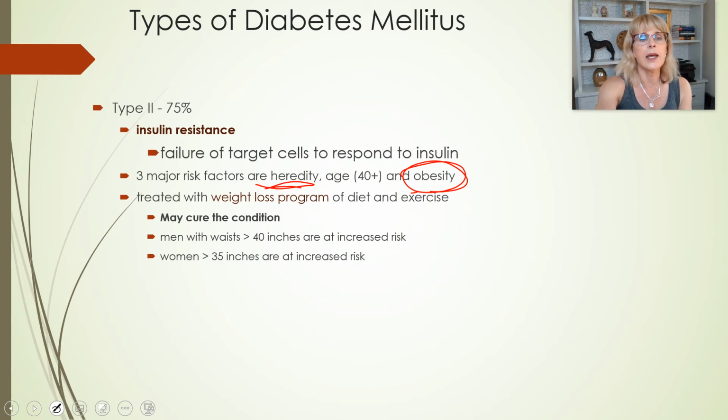So when we say a weight loss program may cure the condition, we don't mean that you need to go all Biggest Loser and get 6-pack abs. Actually, just a moderate amount of weight loss, just to bring you from the obese down into the overweight category, that can be enough to reverse your type 2 diabetes, right?